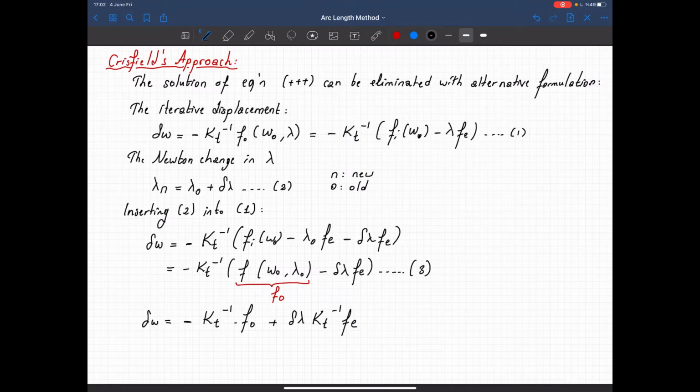Okay, so in that case I will call this displacement delta lambda hat, and this displacement delta lambda t.